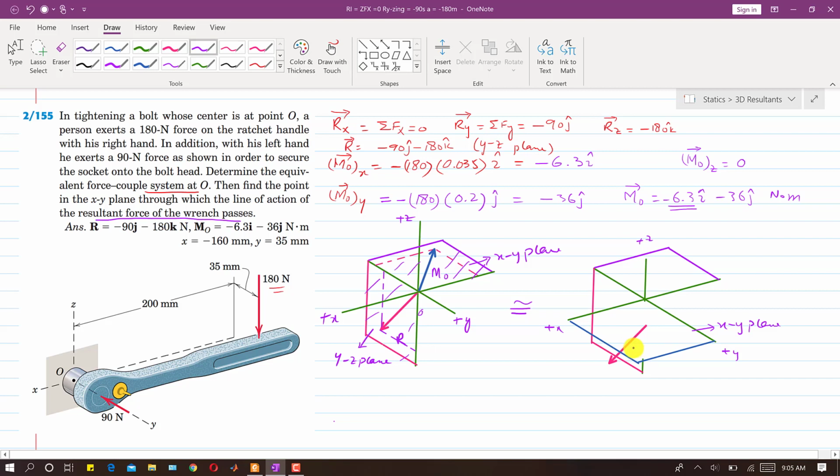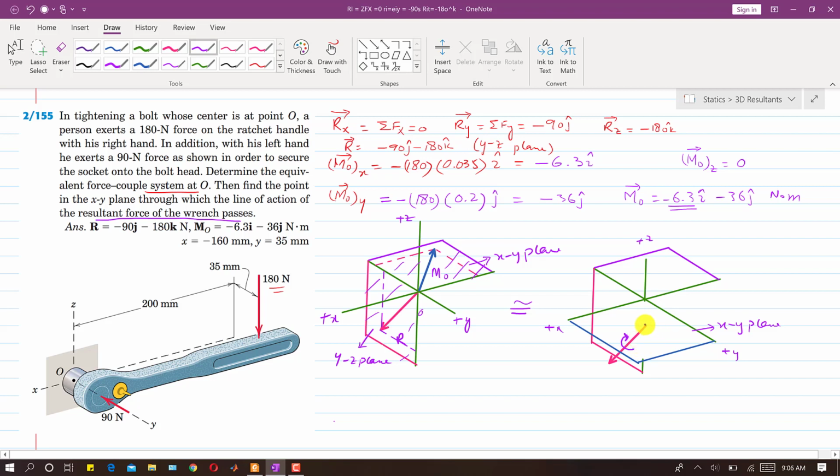If the resultant wrench is positive, then this will be the direction of the moment of this wrench. If we curl our right hand fingers in this direction and the thumb points in the direction of the resultant, then it will be a positive wrench, right? If the direction of the resultant and the couple are the same, then the wrench is known as a positive wrench.